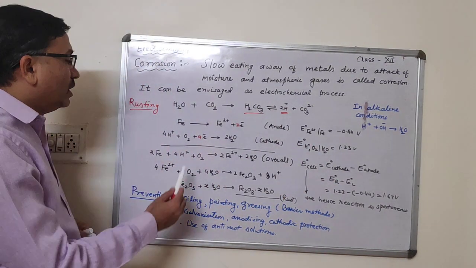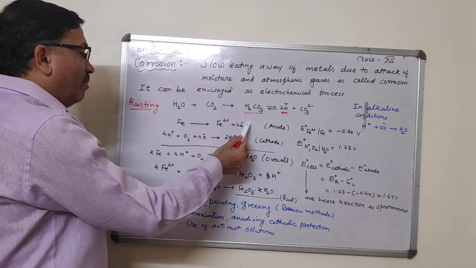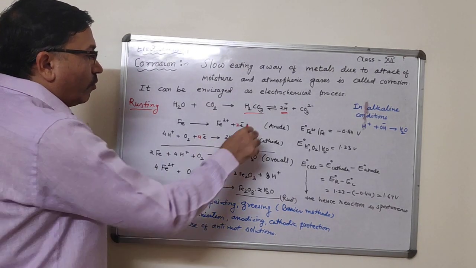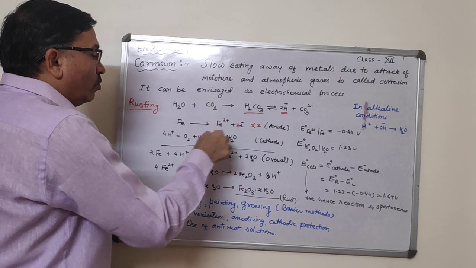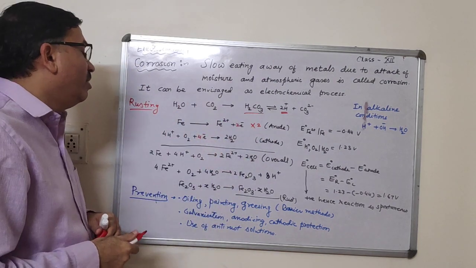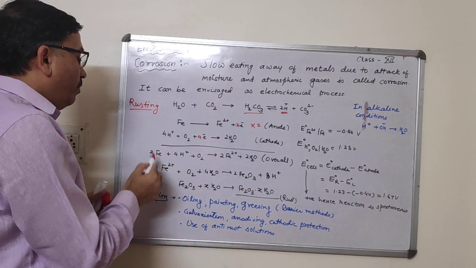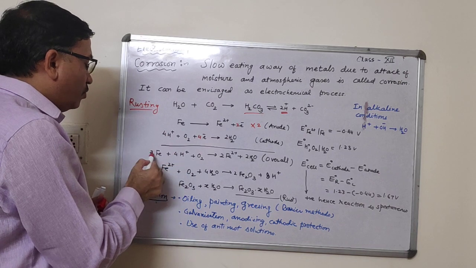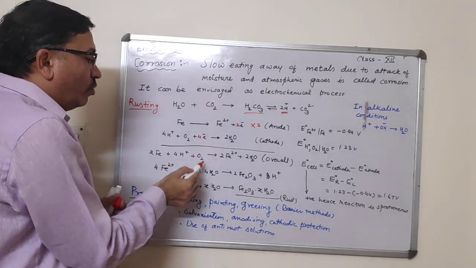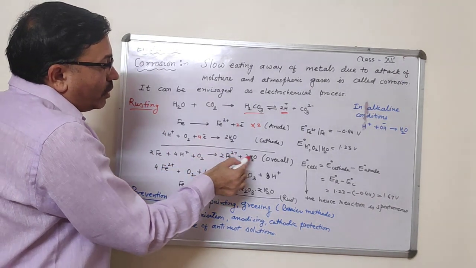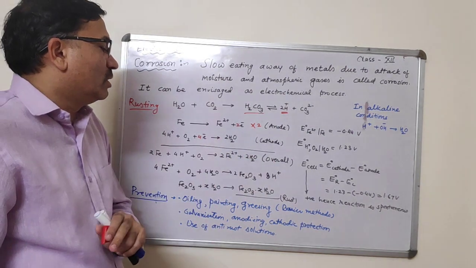For the overall cell reaction, we have to multiply the anode equation by 2, so the 4 electrons cancel. Now, 2 Fe plus 4H plus plus O2 gives 2 Fe2 plus plus 2H2O. This is the overall reaction.